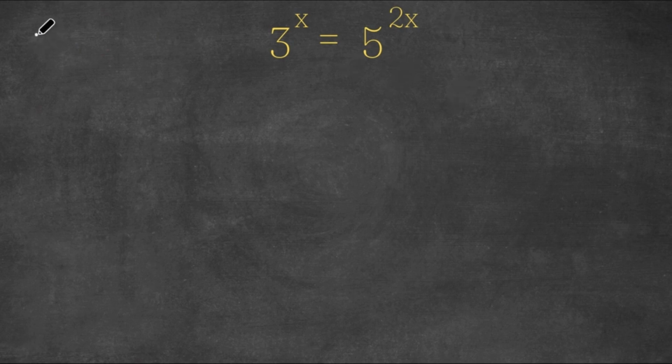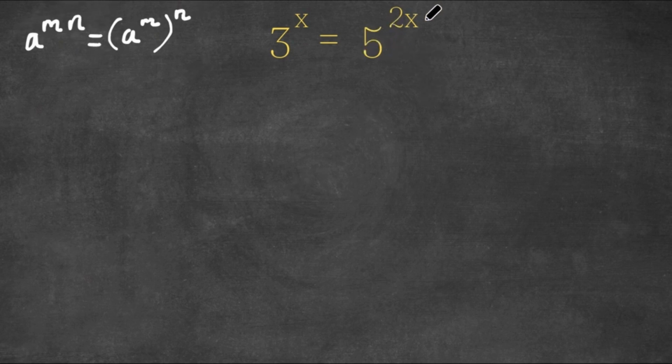Now, if we have something in the form a to the power of m times n, this is actually equal to a to the power of m to the power of n. And also vice versa. A to the power of m to the power of n is also equal to a to the power of m times n.